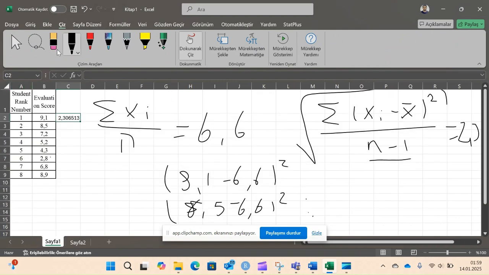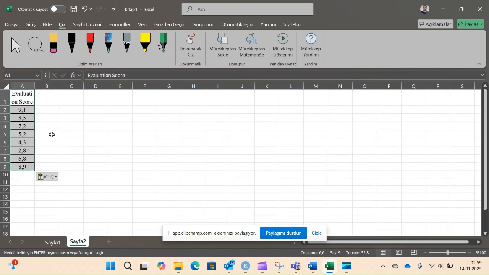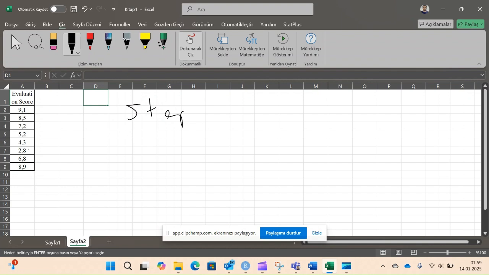I'll have the evaluation score here, and as the first step I'll write my hypotheses, which are the null and alternative hypotheses.